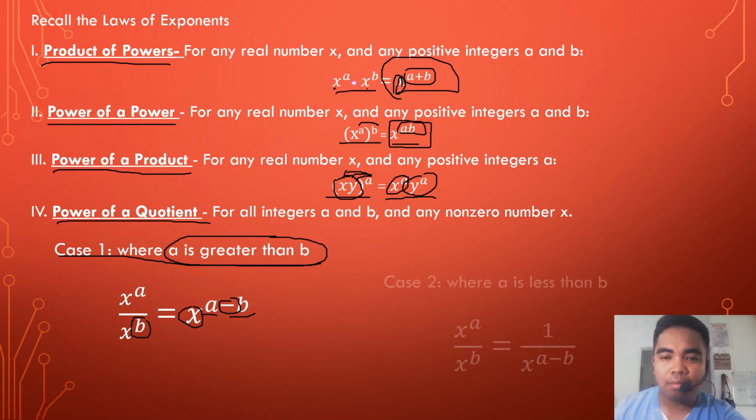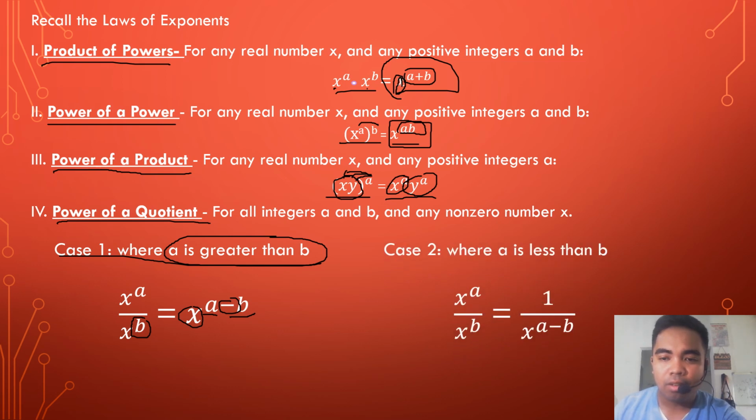So, we have also the case number 2. Yan. Kung makita nyo, we have case number 2 where a is less than b. Pag sinabing less than, maliit naman ang value ng a kaysa value ng b. So same problem, we have x raised to a over x raised to b is equal to 1 over x raised to a minus b.